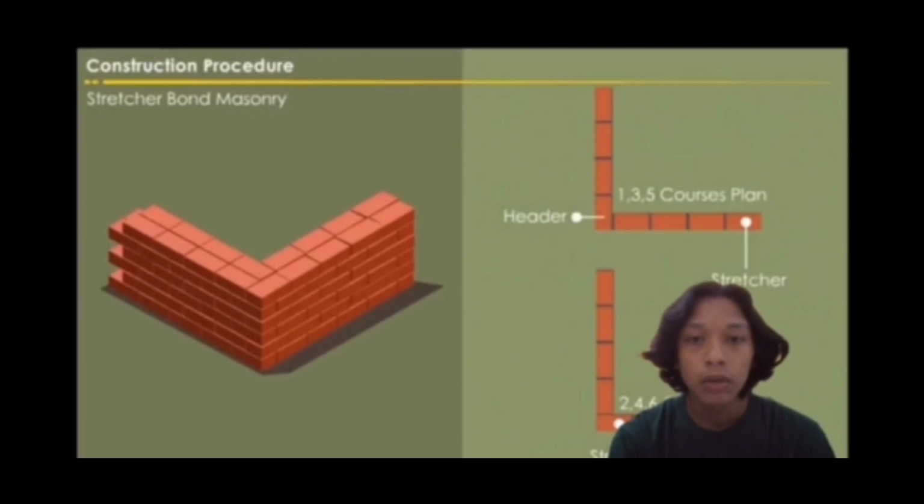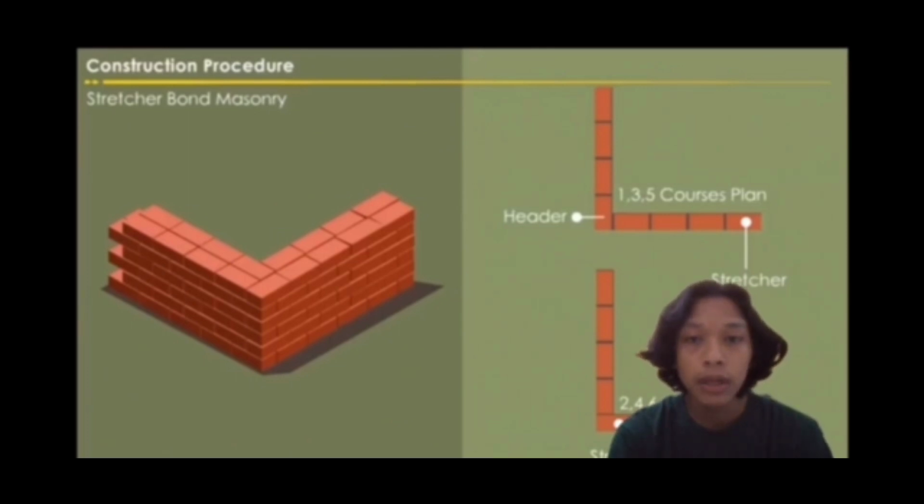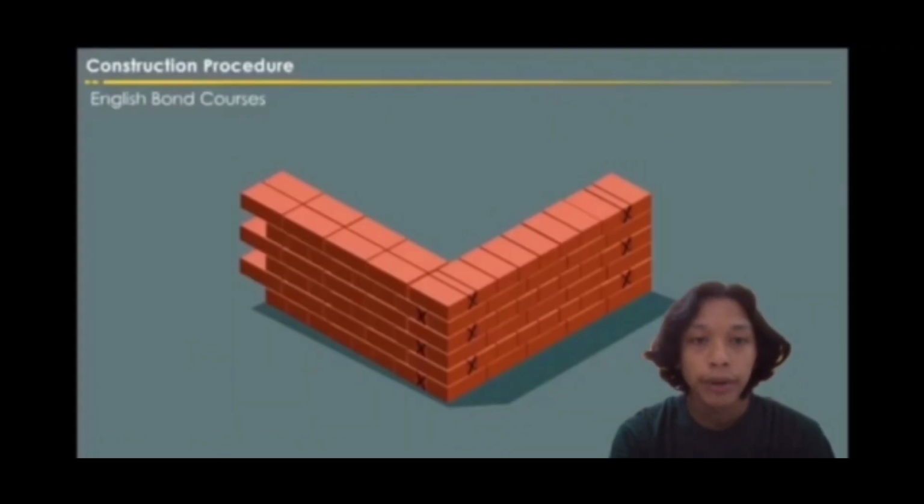These are also used as the outer facing of cavity walls. Other common applications of such walls are boundary walls, garden walls, and others.